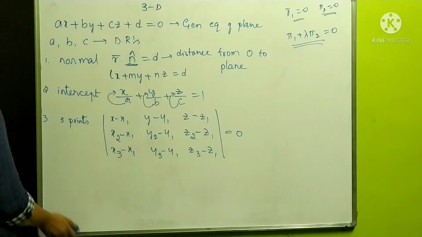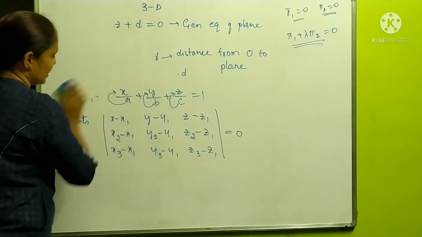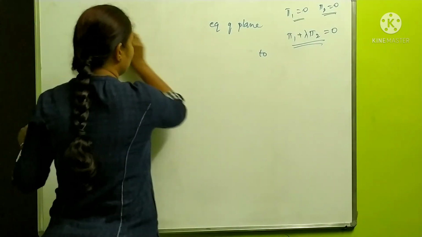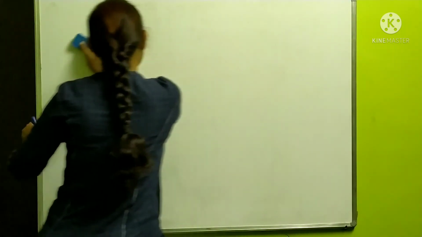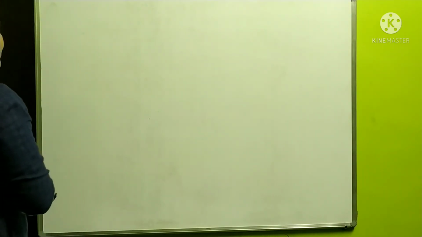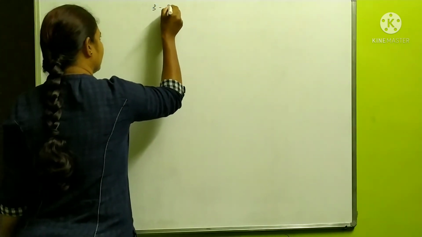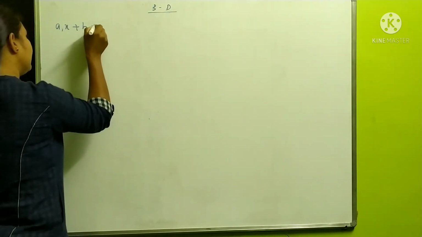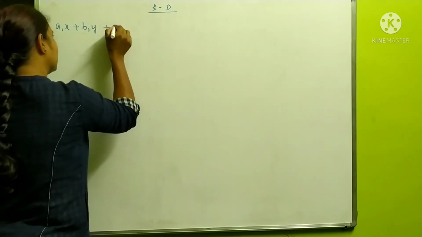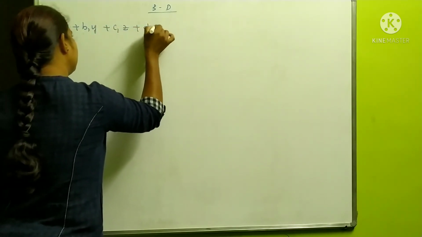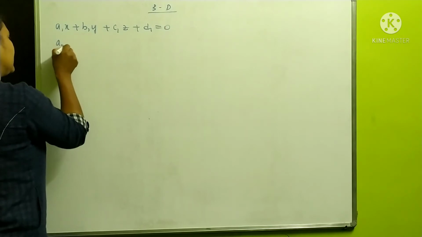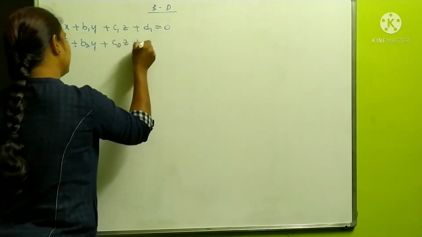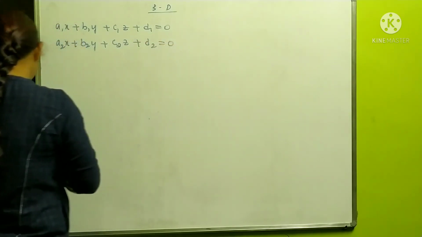Next, let me tell you how to find angle between two planes. Suppose a1x plus b1y plus c1z plus d1 equal to 0, a2x plus b2y plus c2z plus d2 equal to 0.